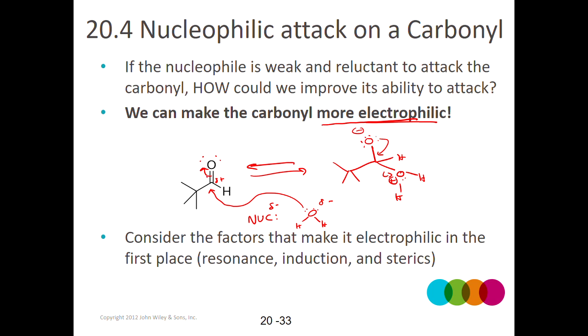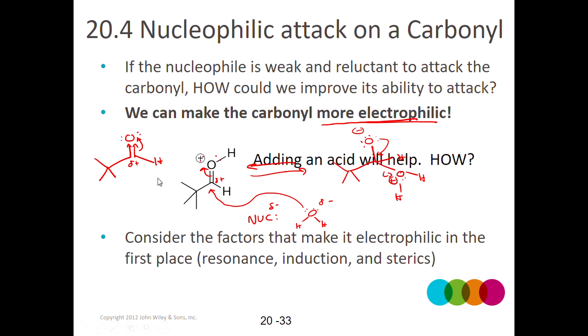Well, it's already electrophilic because it's not very sterically hindered, and there's a major resonance and an induction that pulls electrons away from this carbonyl carbon. If we could make that more pronounced by making the electron shift even more toward the oxygen, it'd make this carbon even more positive, and that might attract even a weak nucleophile in there. Right? So that's the idea here.